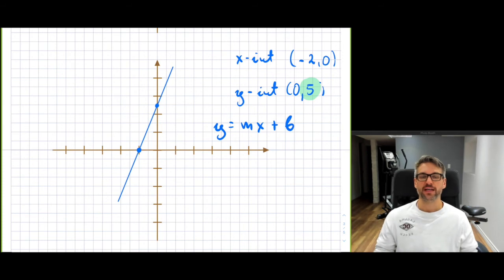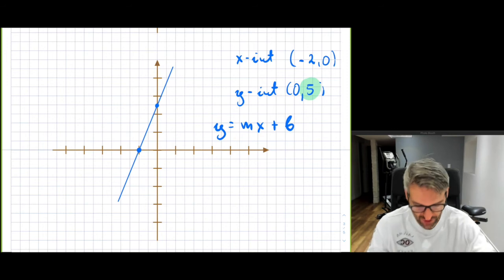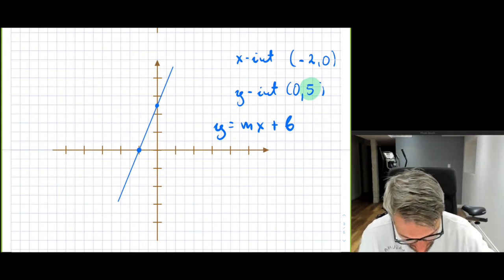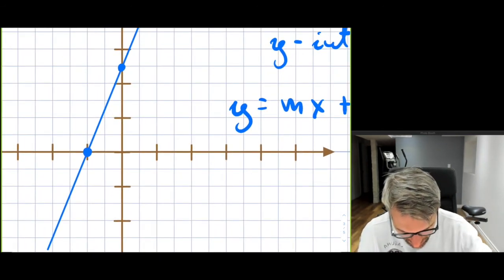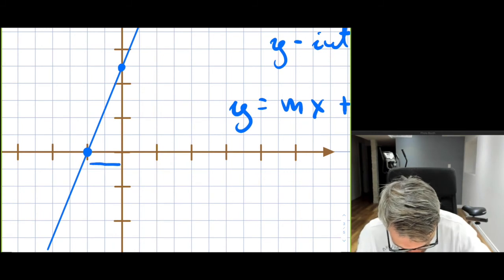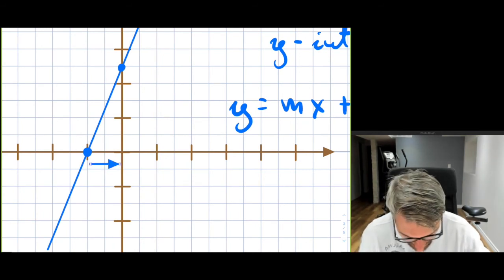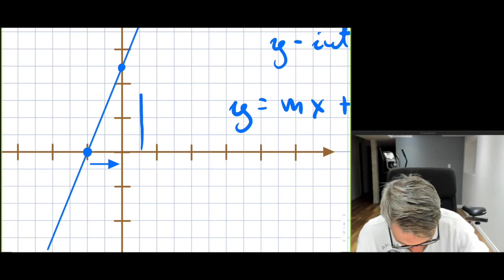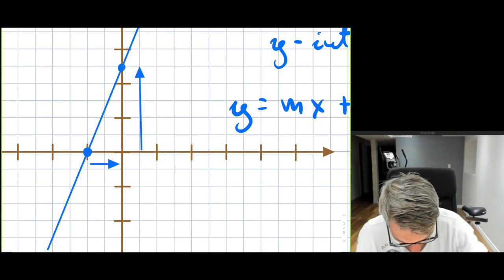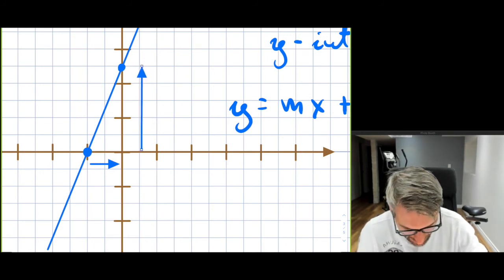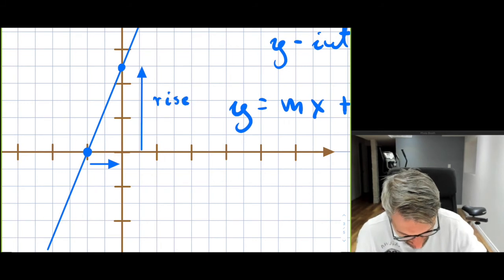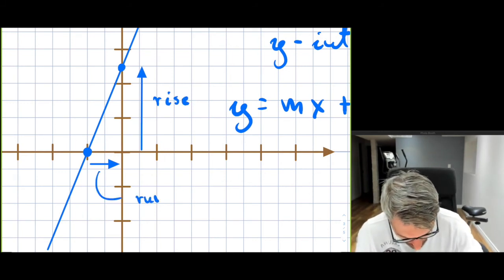Now, what about the slope? The slope is also not bad because, just as we did in the previous examples, you just have to know your rise over run. So this is my rise, and this is my run.